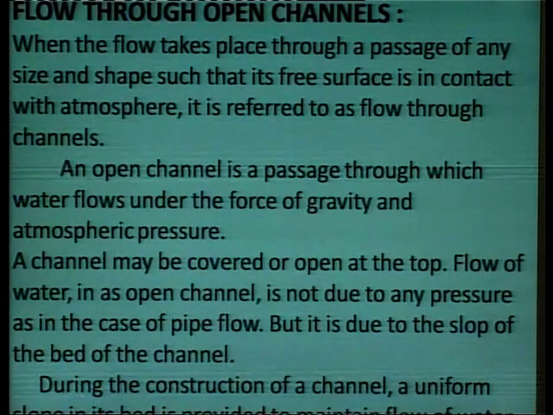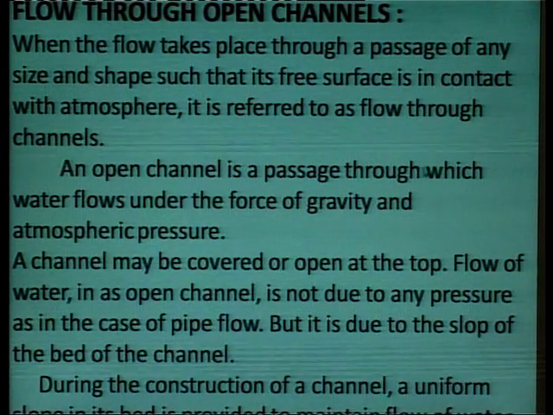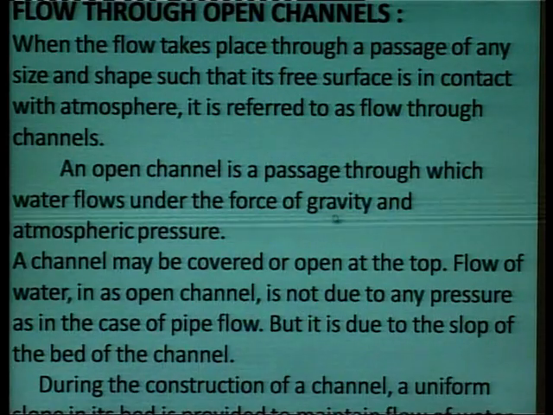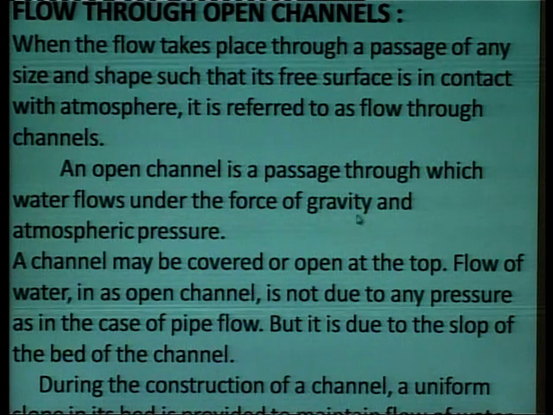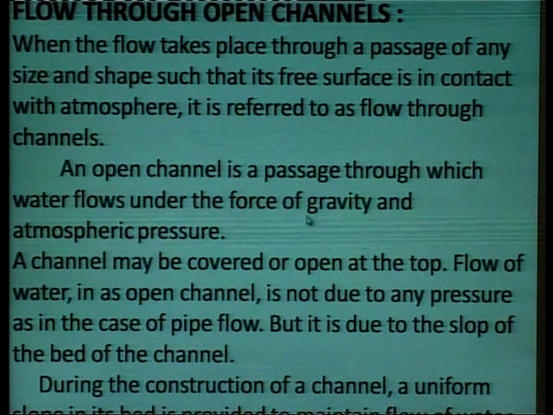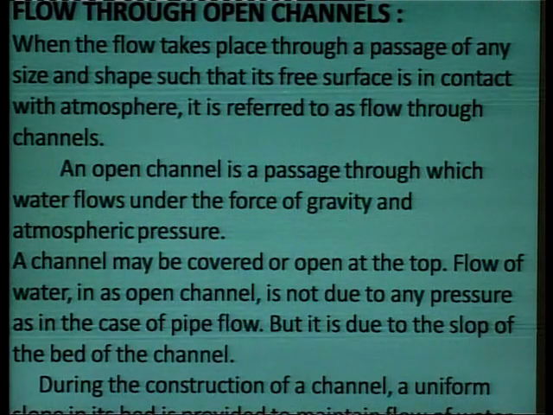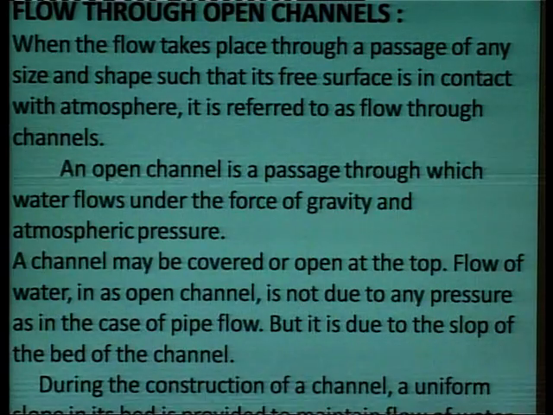So, an open channel is a passage through which water flows under the force of gravity. This is a natural gravity which can be maintained between the upstream and the downstream by a certain gradient, and under the atmospheric pressure. Under the atmospheric pressure means it is not covered.